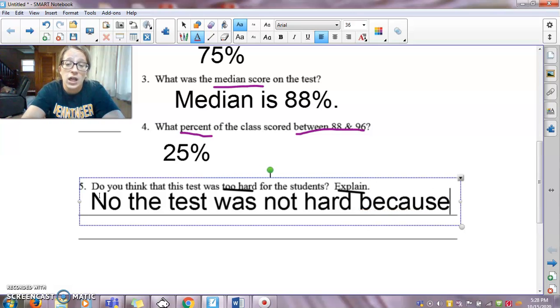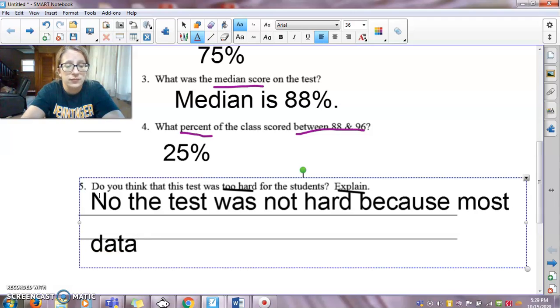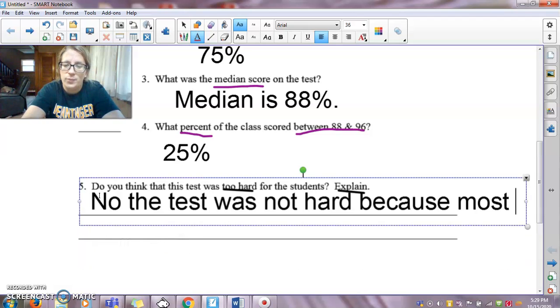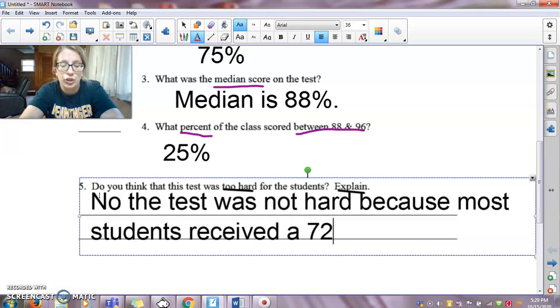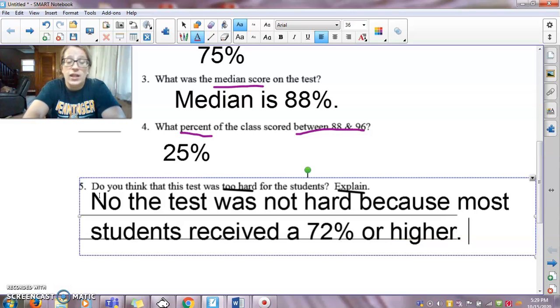So we're going to say, because most students received a 72 on their test or higher. And that's above passing.